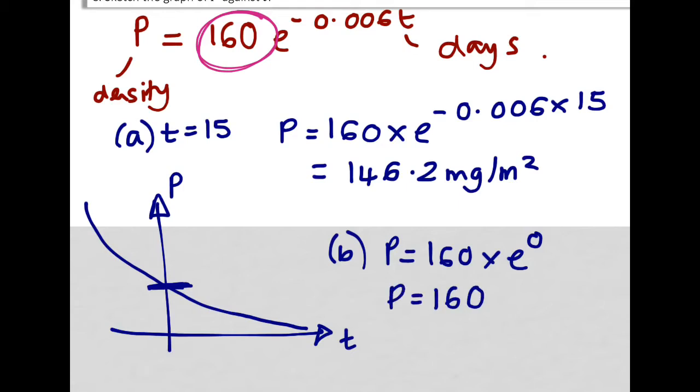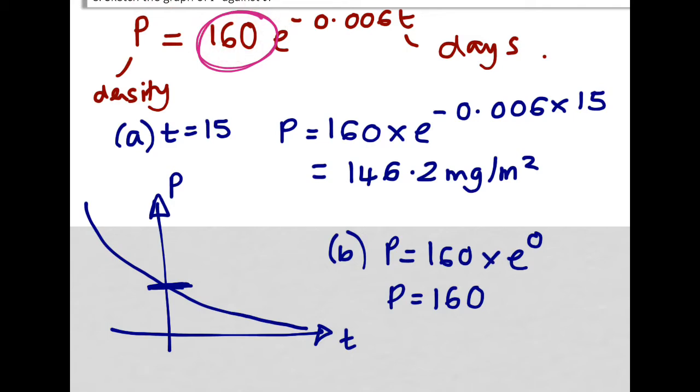You really need to have that knowledge in your head that the significance of this is that when the exponent is equal to 0, then e to the exponent is 1, and this p, the density, will take on this value.